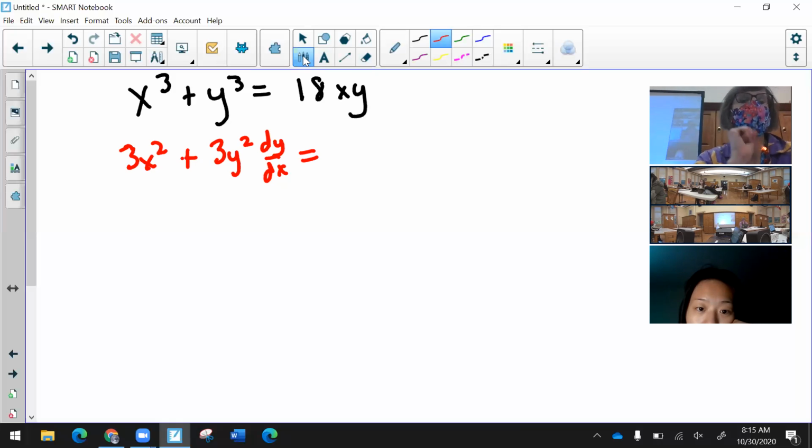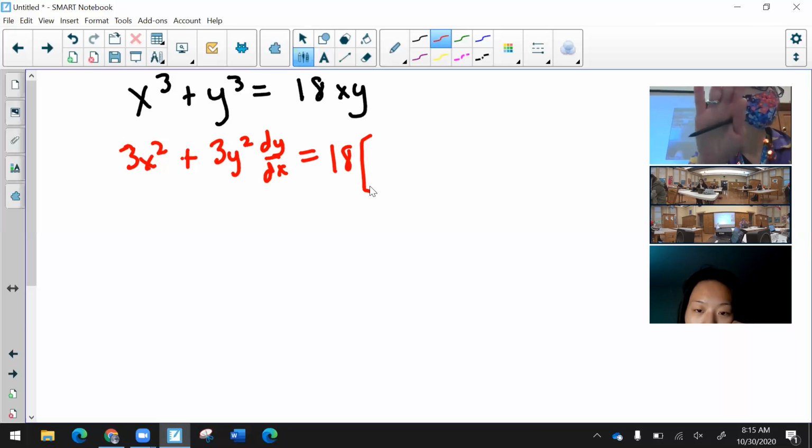Okay. And then on the other side, I'm going to pull out this 18. I've got x times y. And it's a term that's a mix of x and y. We were talking the other day about how product rule and chain rule are what we have to do first. So we need to acknowledge that I've got two functions that are multiplied by each other.